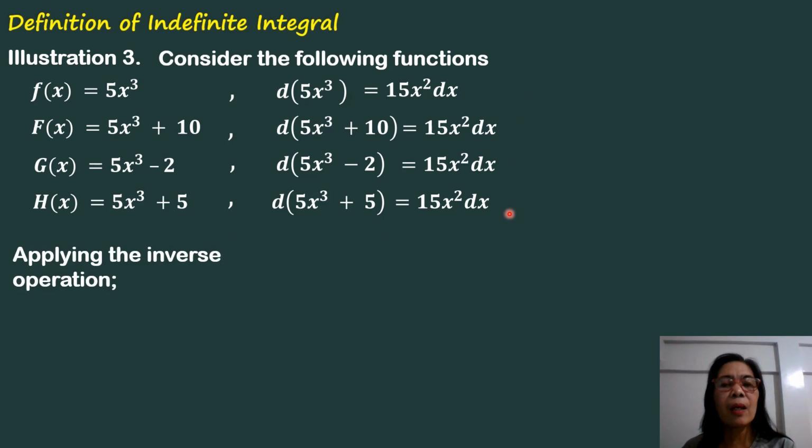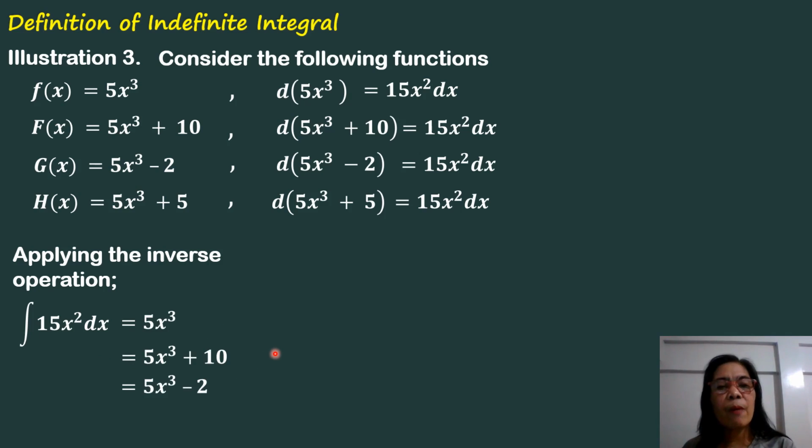So applying now the inverse operation, that is integrating 15x squared times differential of x, can either be equal to 5x cubed or 5x cubed plus 10 or 5x cubed minus 2 or 5x cubed plus 5 or any function 5x cubed plus any constant, as we know that the differential of any constant is equal to 0.